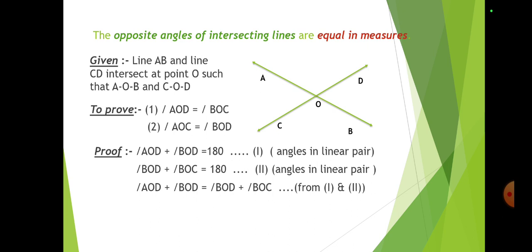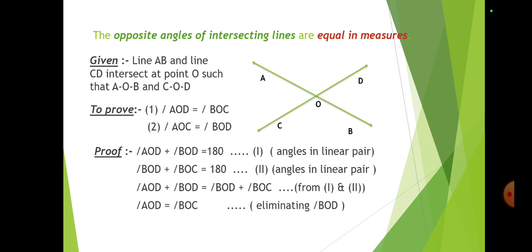In statement 1, the right hand side is equal to 180. In statement 2, it is also equal to 180. That means the left hand sides are equal. So angle AOD plus angle BOD is equal to angle BOD plus angle BOC. Now as you can see in this statement, BOD is common, so BOD is eliminated by us, and we get angle AOD is equal to angle BOC.